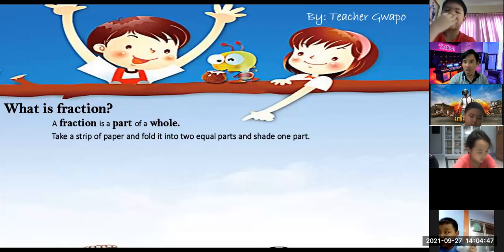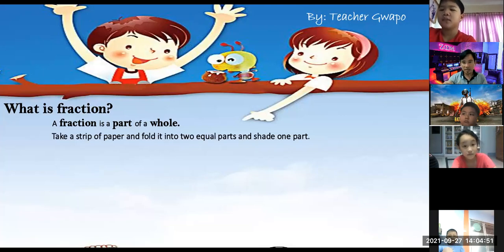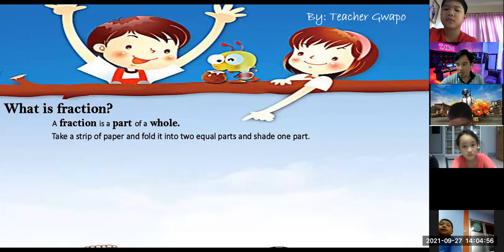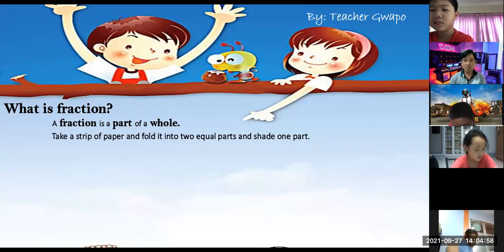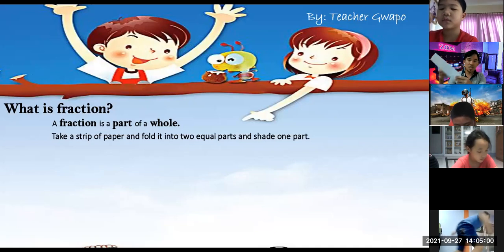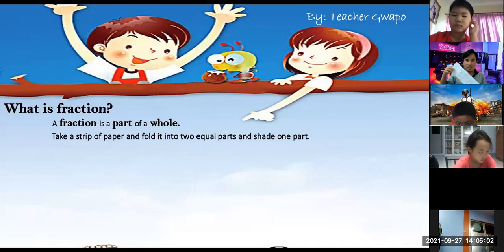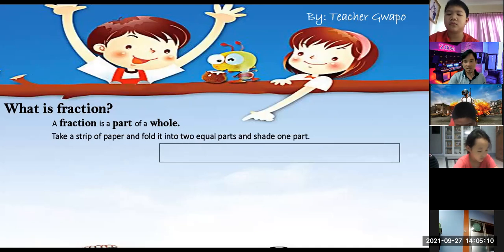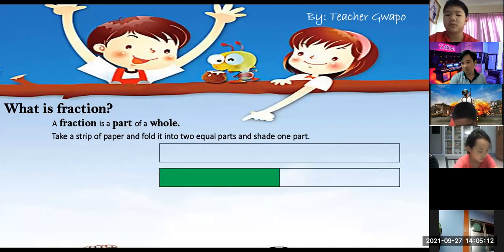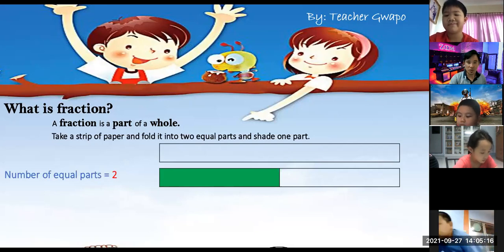If you have a paper there, you can fold it into equal parts. Let's say, for example, you have an A4 paper. Just fold it in half, equal parts, right? So this is one whole paper. And then I fold it just like this. So the number of equal parts is 2.